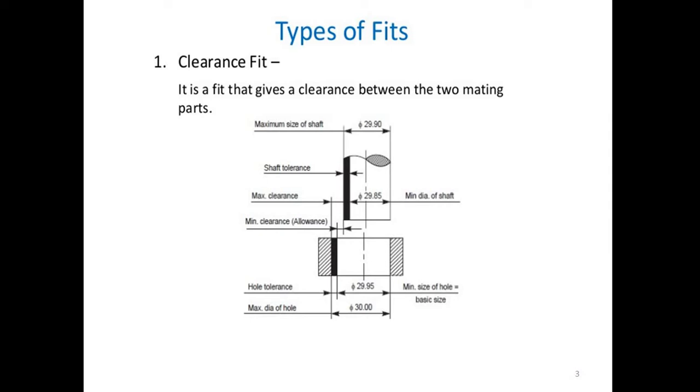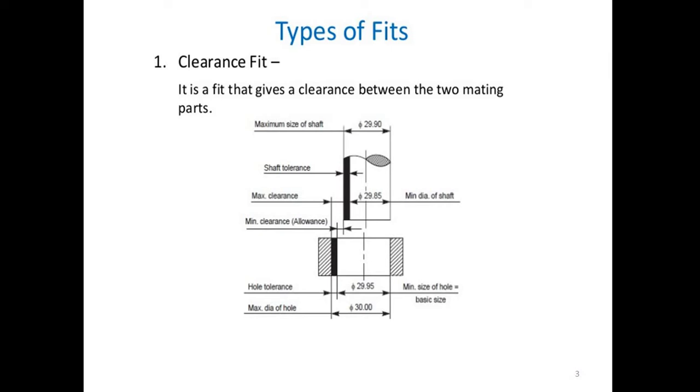So the lower limit comes as shown, diameter 29.85, because 30 minus 0.15, which shows the minimum diameter of shaft, and the maximum size of the shaft comes 29.9, that is diameter 30 minus 0.1.